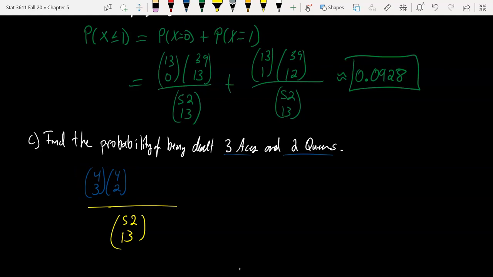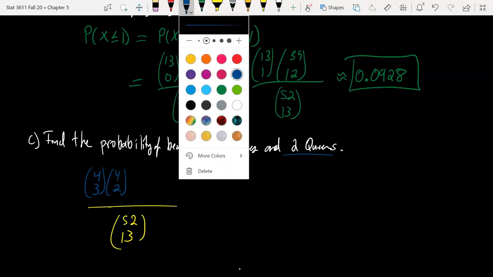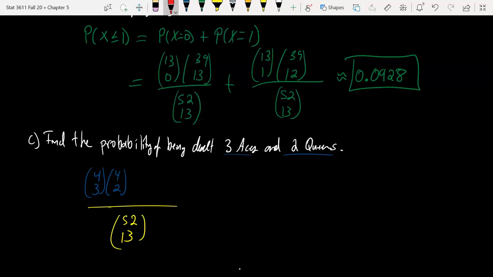But then you still have that last term: what else do you have? What are your other failures, right? Our failures here, let's see here. There's 52 cards. What else do we have left? Well, the aces were successes and the queens were successes, so we've got to get rid of those 8 cards.